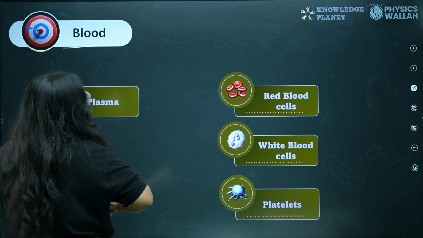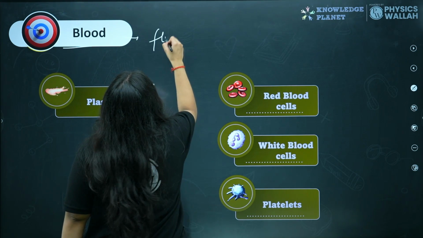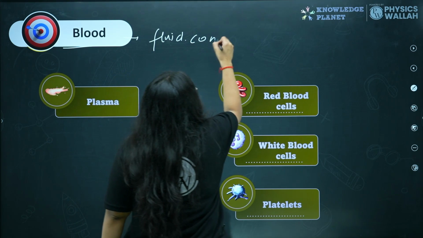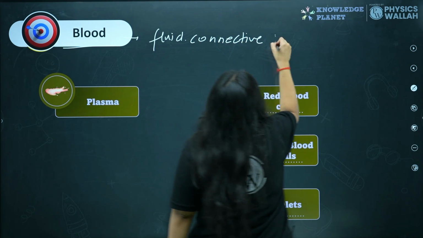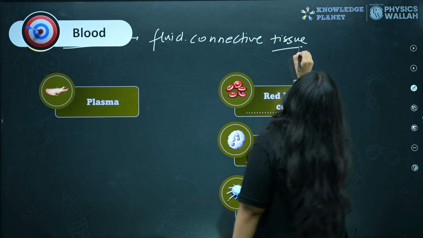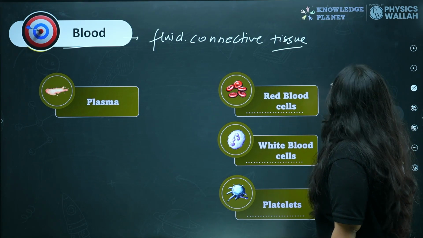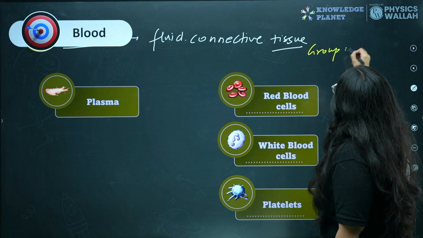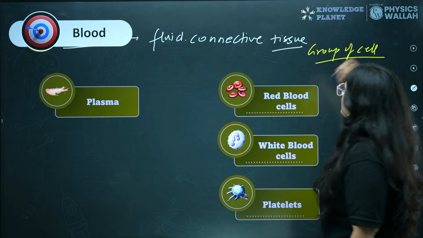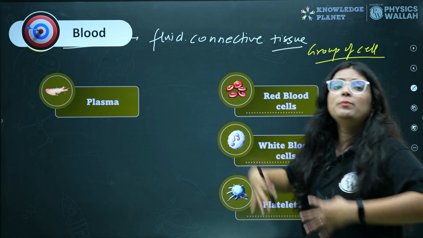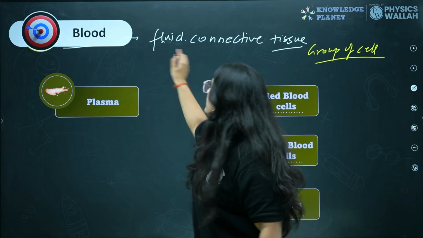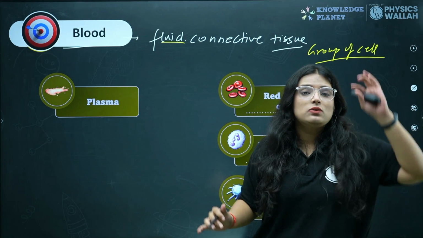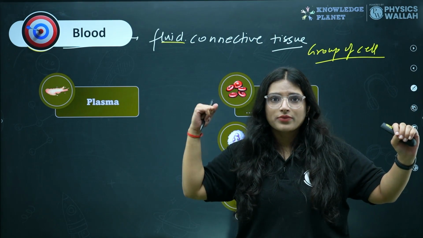Now what is blood? So blood is a fluid connective tissue. What is tissue? Tissue is a group of cells performing similar function. Okay, now the blood flows. It's a fluid, and also it connects one organ system to another, right?